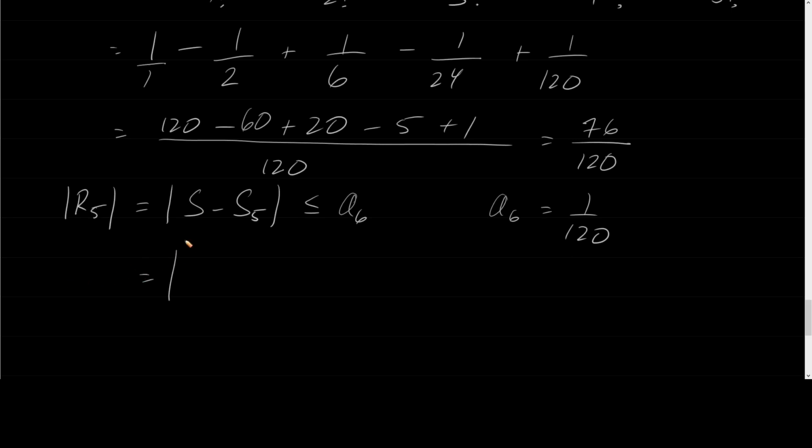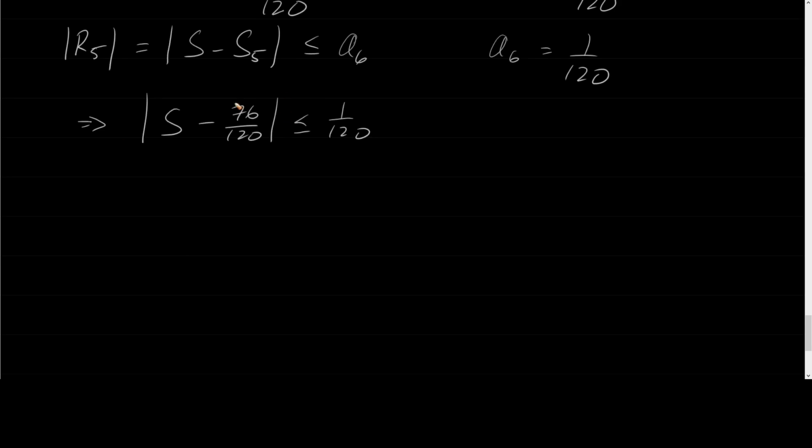So what we're saying here is that our remainder, let's do it this way. This gives us that the absolute value of the total sum minus S of 5, that's the partial sum of the first 5 terms, 76 over 120, is going to be less than or equal to a sub 6, so it's 1 over 6 factorial. This absolute value inequality, we can rewrite as this.